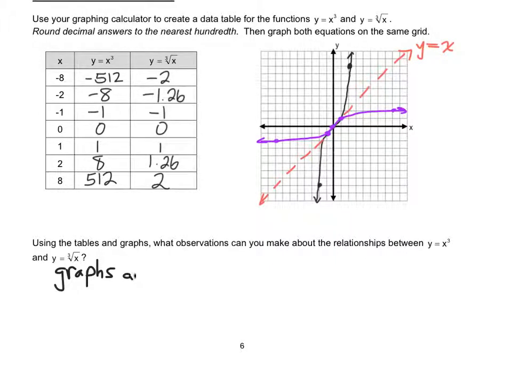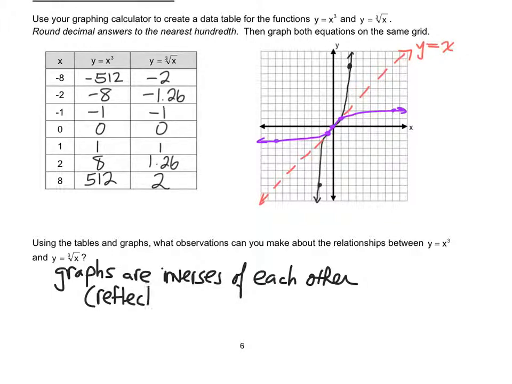So the graphs are inverses of each other, and that's a reflection over the line y equals x.